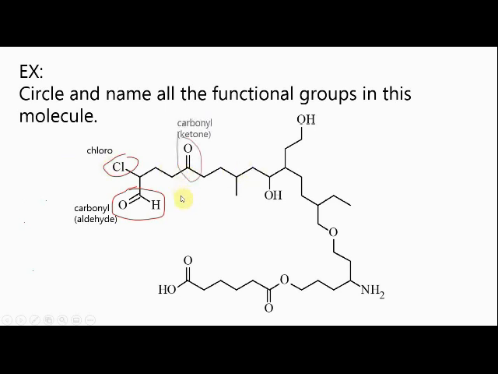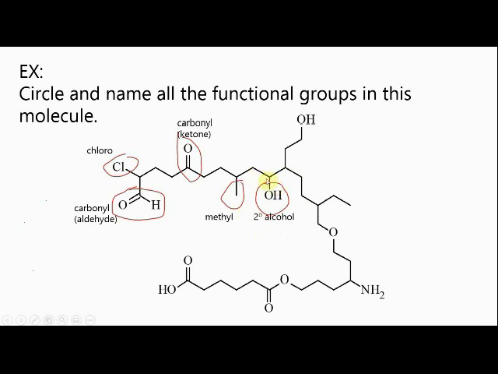Here we have another carbonyl group. This time it's in the middle of this chain, so it's a ketone. Branches like what we talked about before, these are methyl groups, so we know these groups already from what we did previously with the alkanes. Again, we have a hydroxyl group here.